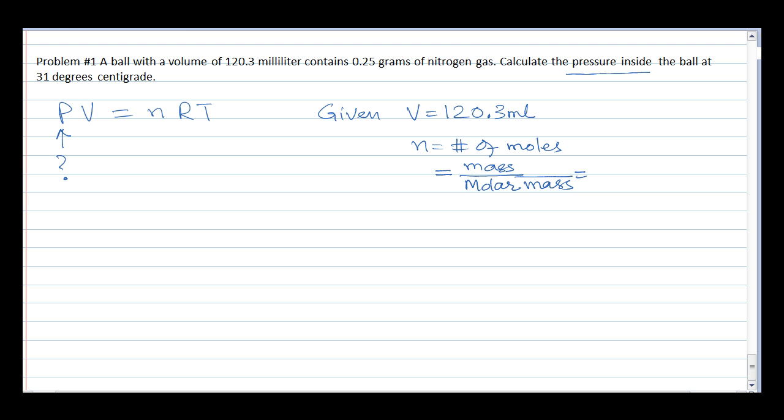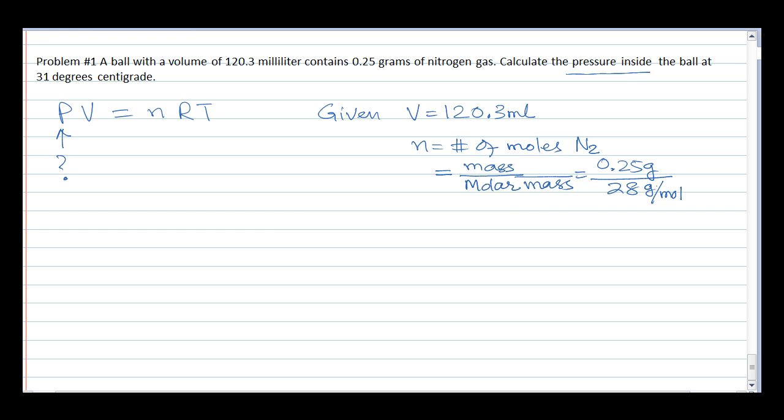Now the mass given is 0.25 grams, and the molar mass of nitrogen, that you know, is 28. So 28 grams per mole.